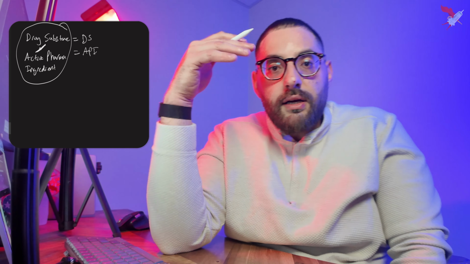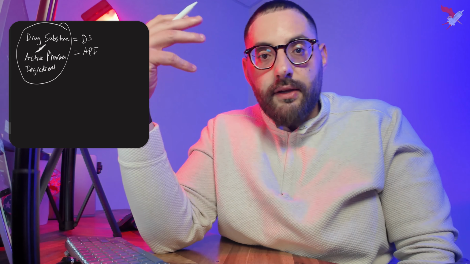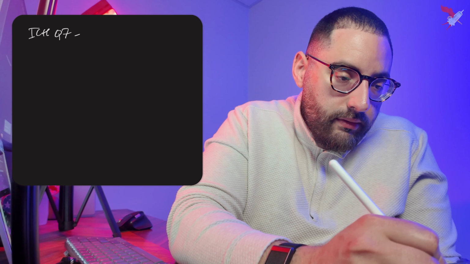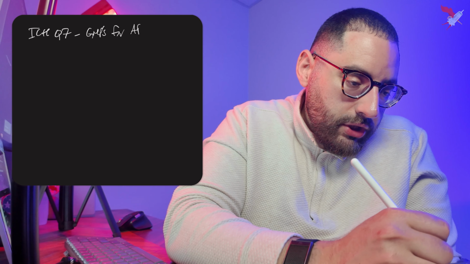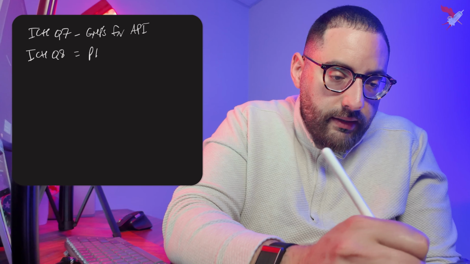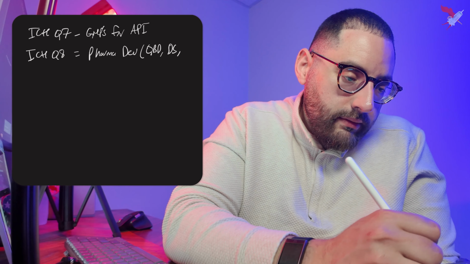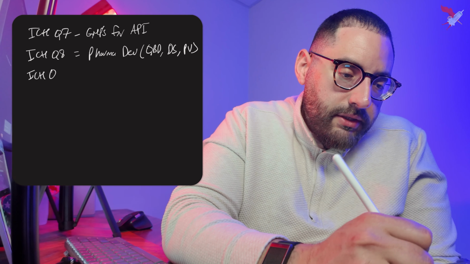And from a context standpoint, it's important to understand where ICH Q11 fits into the broader framework. So we've gone over ICH Q7, which is the GMPs for API. We've gone through ICH Q8, which is pharma development, and here it talks about QbD and design space. ICH Q9 covers quality risk management.